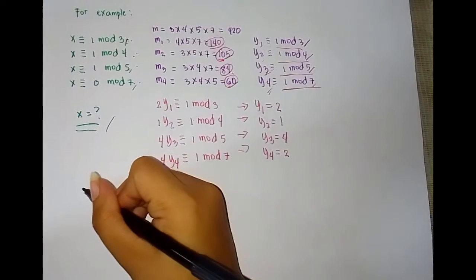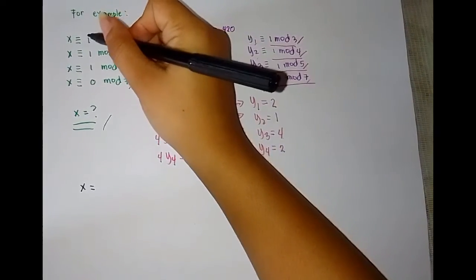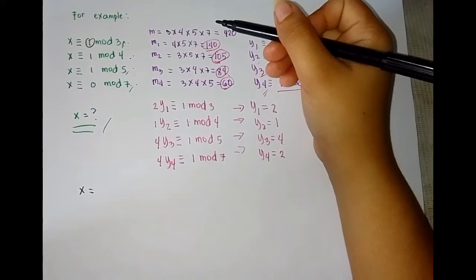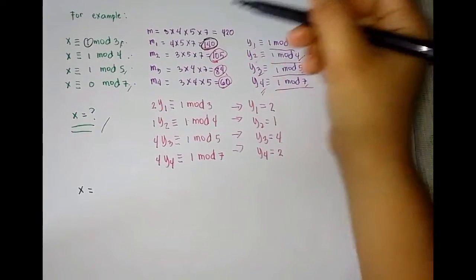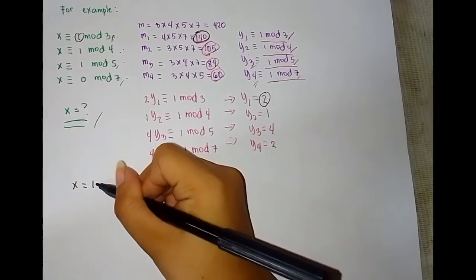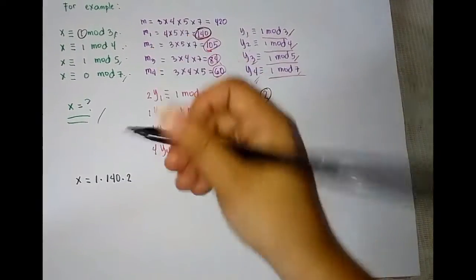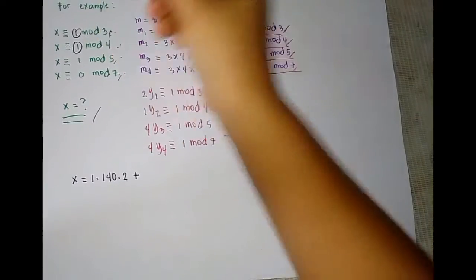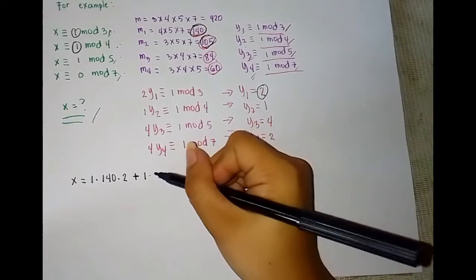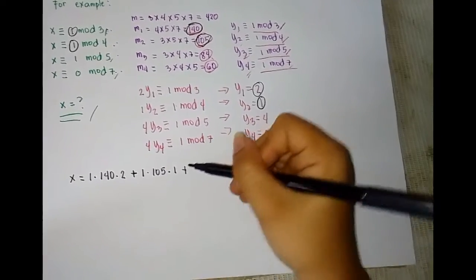To find the value of x, we'll write x equals. We'll get first the remainder of the given modulo, which is 1, then the value of m1, 140, and our y1. So we have 1 times 140 times 2. Then add the second modulo, plus 1 multiplied by m2, 105, and y2, which is 1, plus the third modulo.